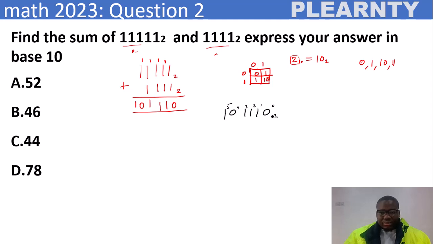Now, what we want to do is, from the reverse order, you say 0 times 2 raised to power 0, the number here, 0.